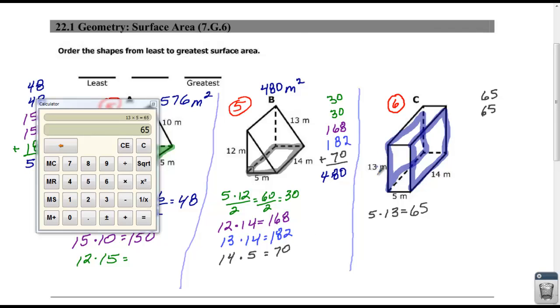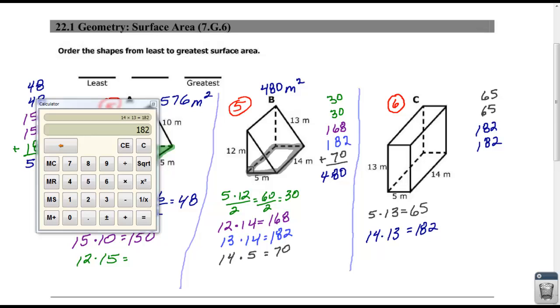See that 13 that's right here is the same 13 that's right here. So this is 14 times 13, 182. And that 182 will get used twice. It's the opposite sides of the box. Okay, let's get rid of its shading.